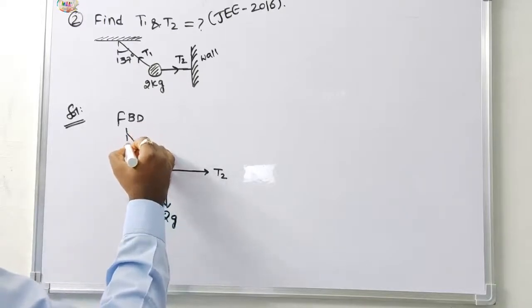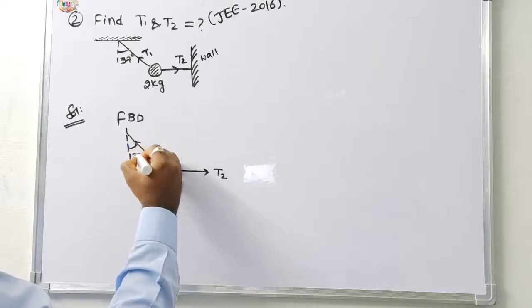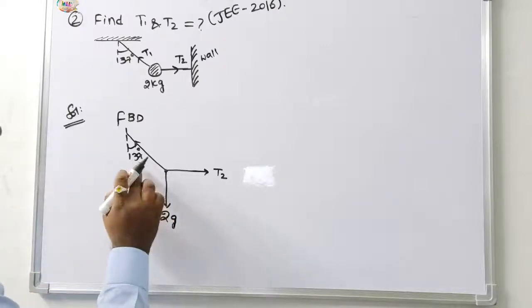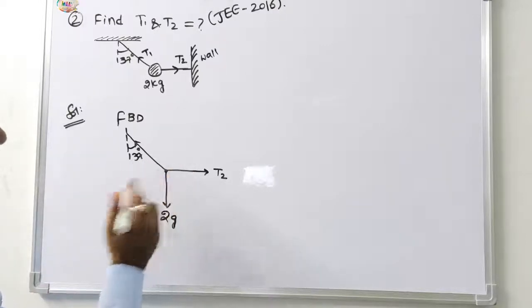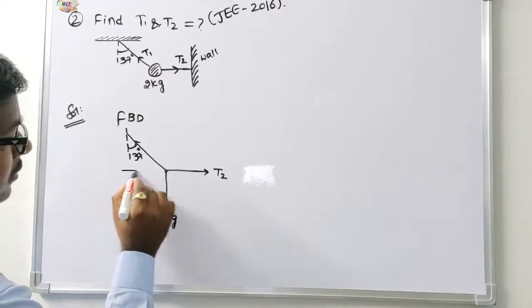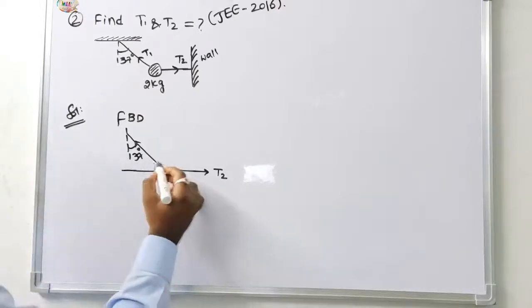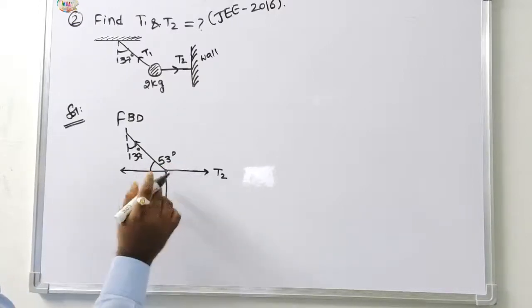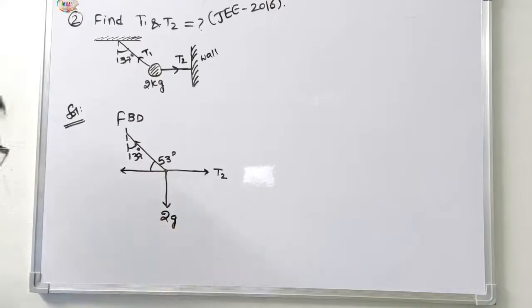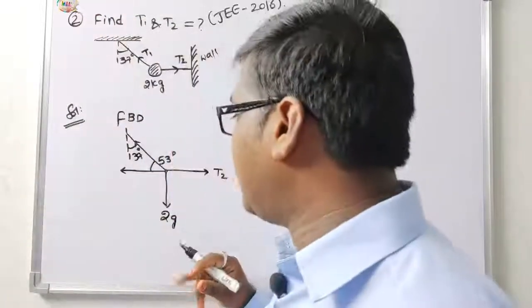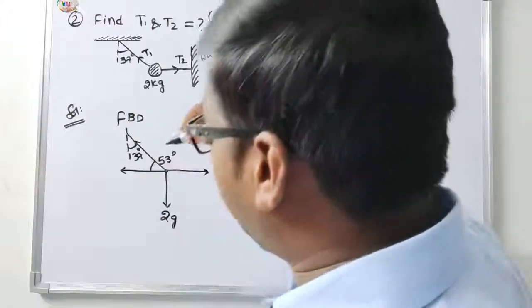So it makes an angle of 37 degrees. This angle with the vertical is totally 90, so 90 minus 37 is 53. This angle is 53 degrees. The angle is resolved into two components, one horizontal and the other vertical.